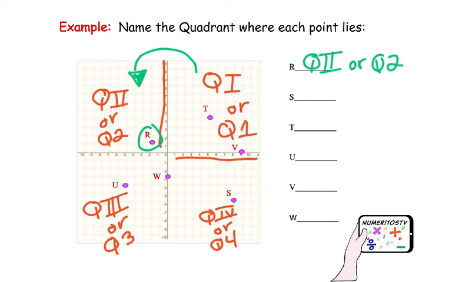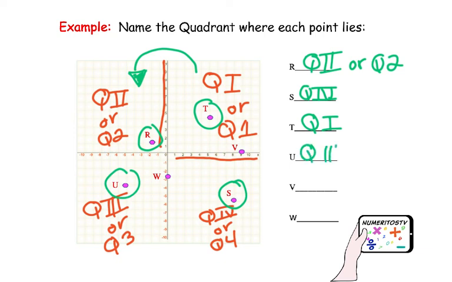Q2, however they are asking you to do it. Okay, S. S is in the fourth. T is in the first. U is in 3. But what about V or W?